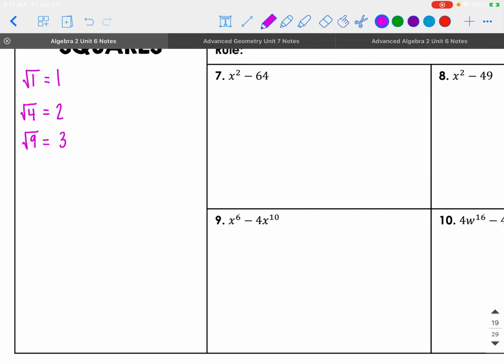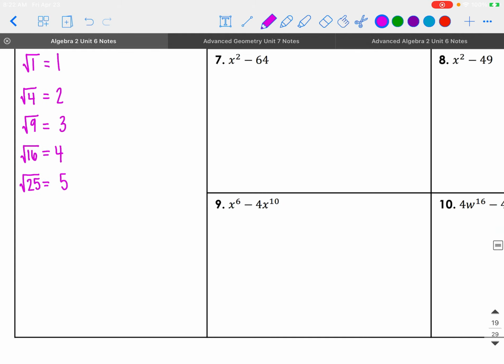Square root of 9 is 3. Why don't you try to get a few more? Square root of 16 is 4. Square root of 25 is 5.